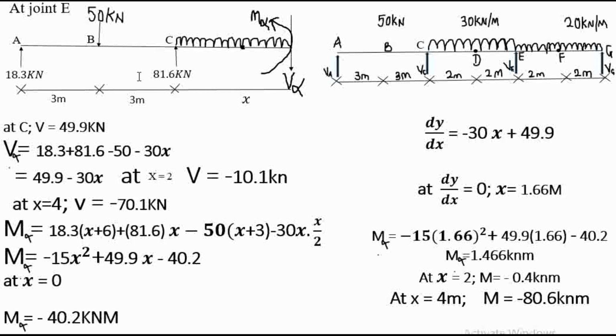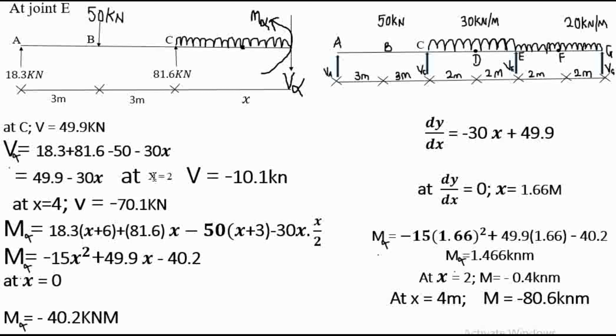Also, for the expression, we have V alpha equals this 18.3 kilonewton plus 81.6 kilonewton, which is going up, plus 81.6 kilonewton, which is going up, minus 50 kilonewton, which is coming down, minus another force acting as a result of the UDL, which is 30 multiplied by the span at which the UDL will act. Therefore, we have 49.9 minus 30x.